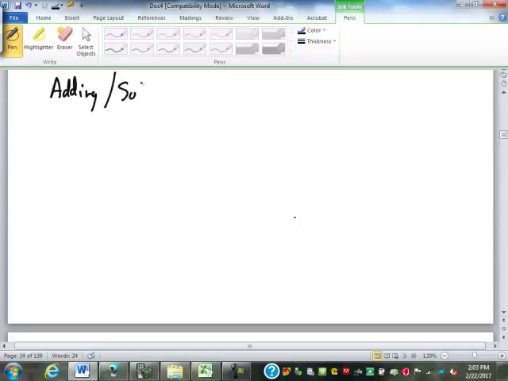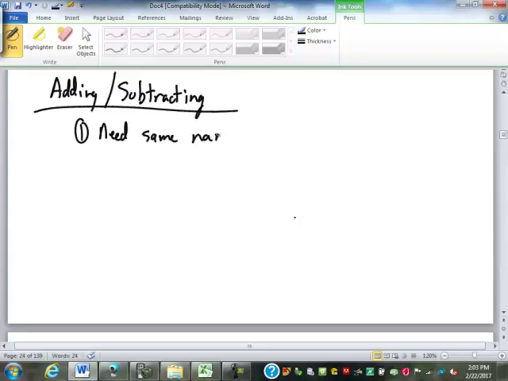So at this point, we have 3 sets of related operations. Adding and subtracting is the first set. And when we add or subtract, remember, we need the same name. And we combine the names, or we keep the same name.